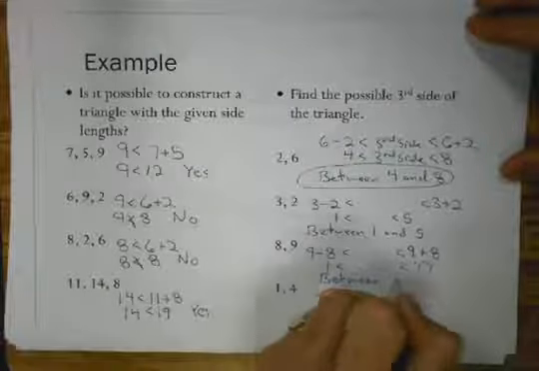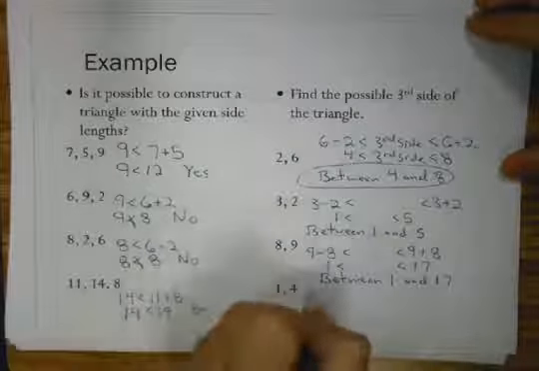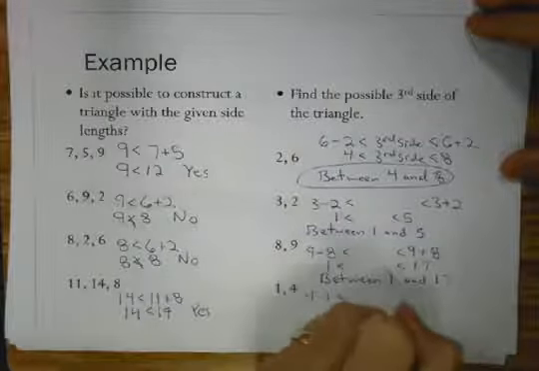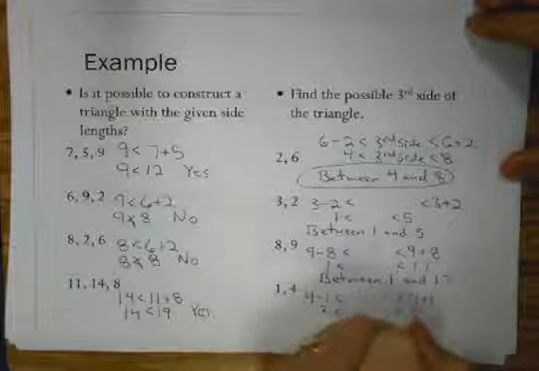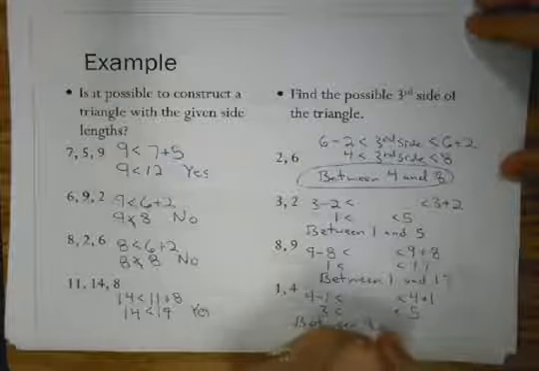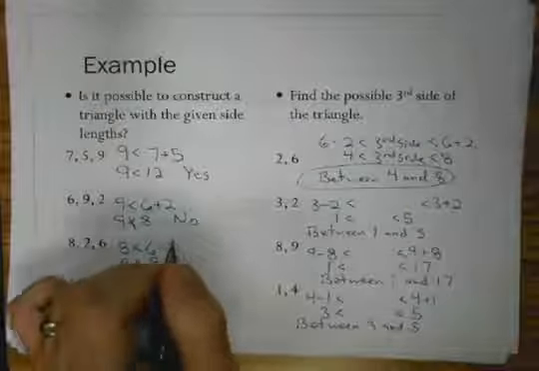Gives me 1 and 17, so it's between 1 and 17. And last, 1 and 4, 4 minus 1, 4 plus 1 leaves me with 3 and 5, so it's any value between 3 and 5.